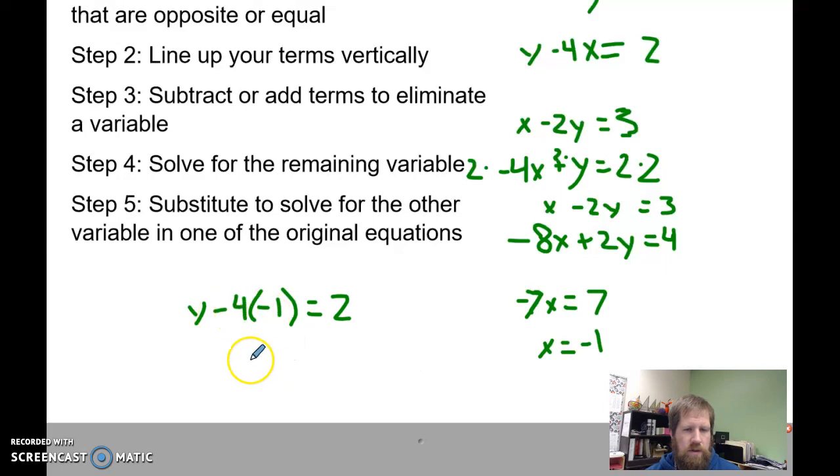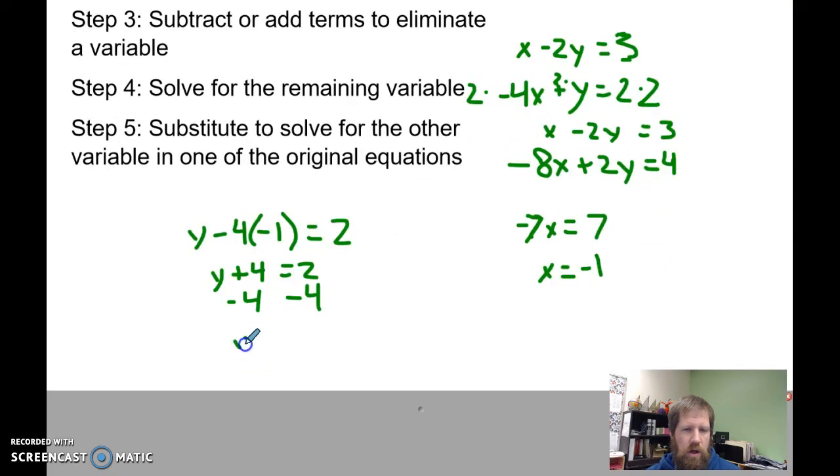Negative 4 times negative 1 is positive 4, so y plus 4 equals 2. Subtract 4 to isolate my variable. y is equal to negative 2. So the answer to this would be negative 1, negative 2.